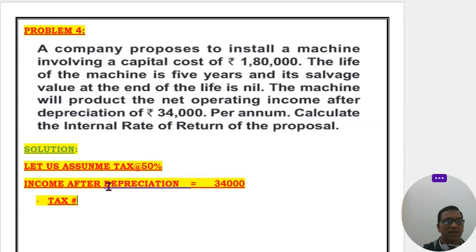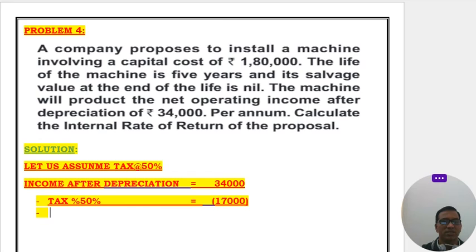So from this we have to minus tax at the rate of 50%, that is 50% tax in brackets, minus 17,000. So if you minus, what value you will get?